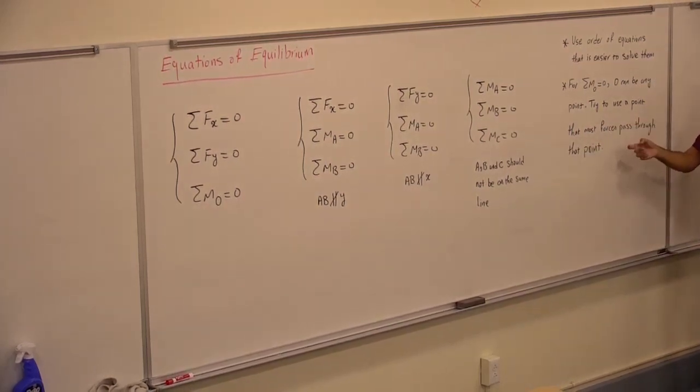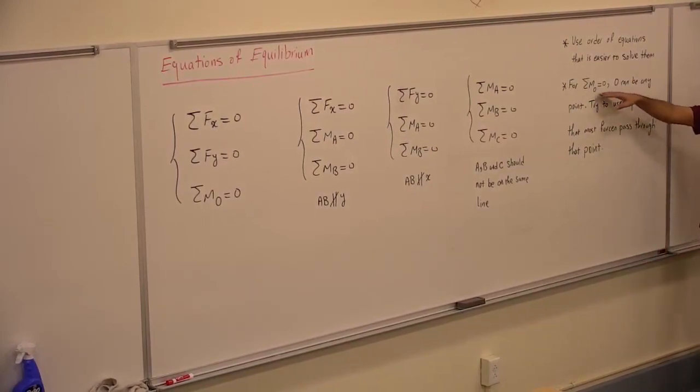Why try to use a point that most of the forces pass through? Because if the force passes through the point, the moment would be zero. So you don't need to calculate the moment for those forces. But the point O, again, can be any point, on the object or off the object, anywhere.